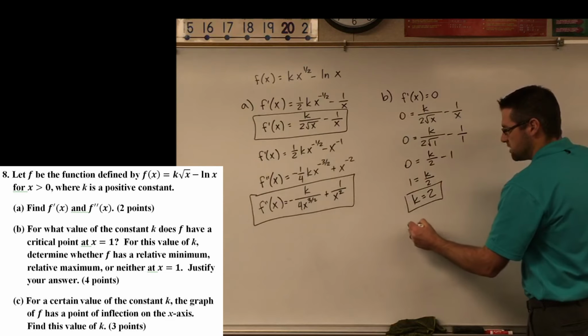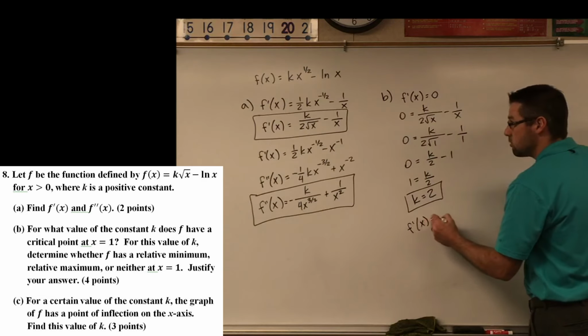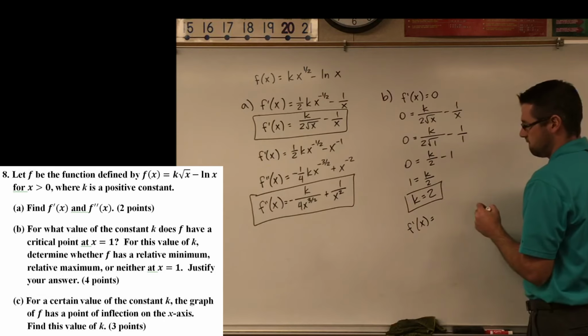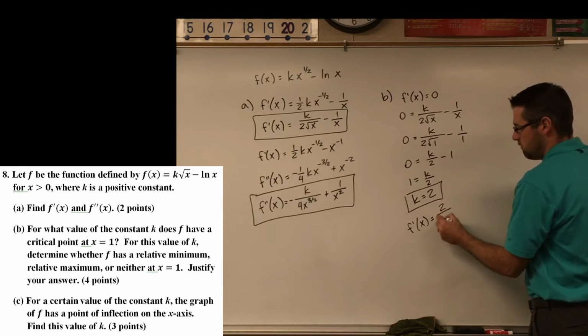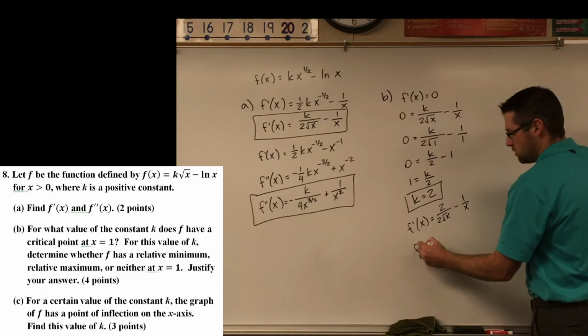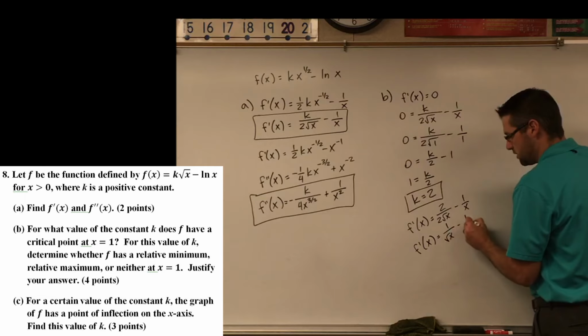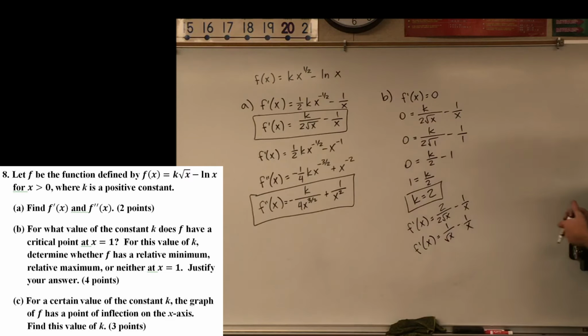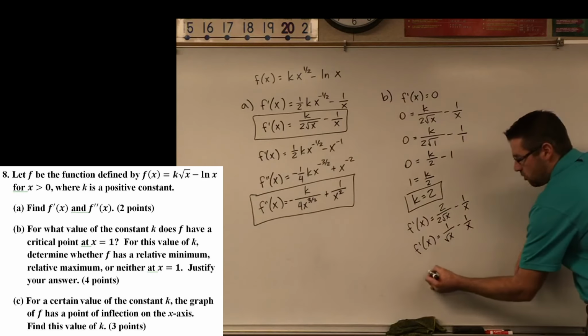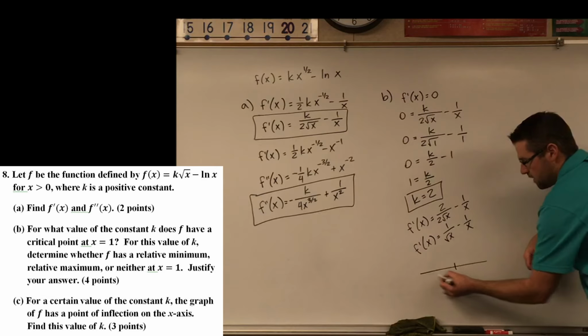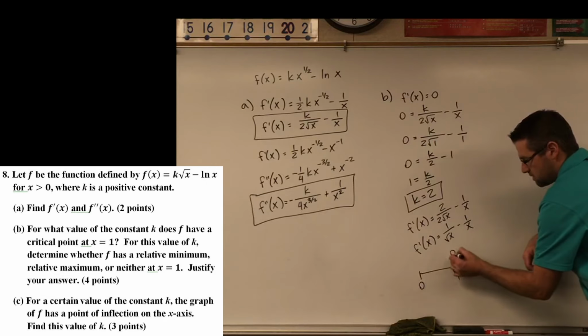F prime of x equals 2 over 2 rad x minus 1 over x. So f prime of x equals 1 over rad x minus 1 over x. Now we look at our number line around x equals 1. So we know the critical point is when x equals 1. We know 0 does not exist, so we don't have to consider that.